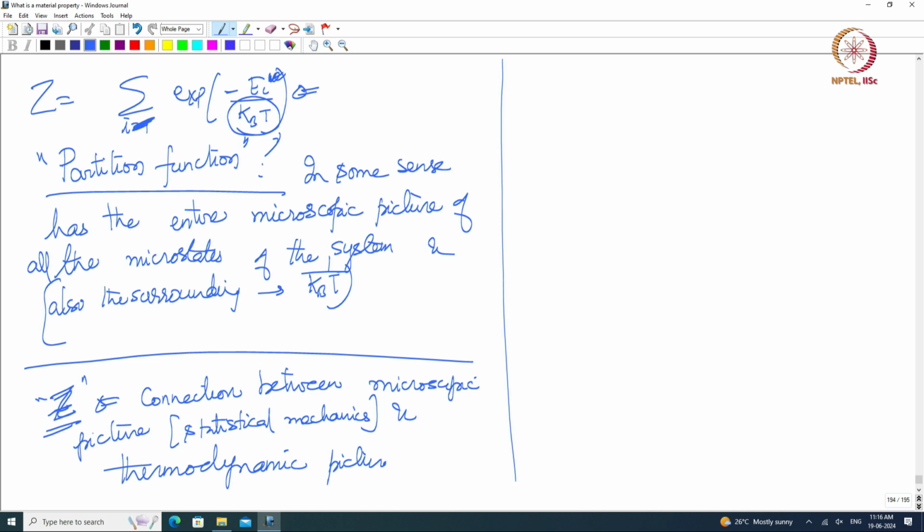Based on the partition function, you can also show for yourself that S is nothing but minus k sigma pi ln pi, where pi is the probability that the system has an energy ei. Okay, so let me write it down.